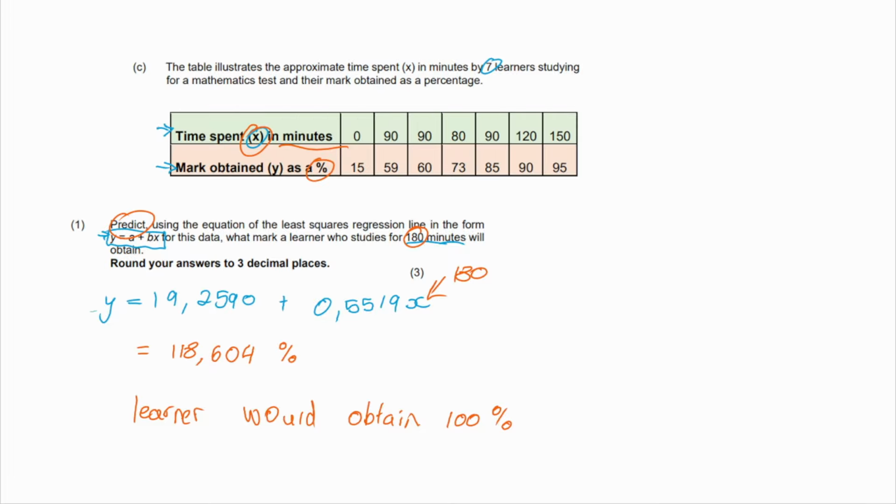So don't worry too much about this answer being different from the memo. The memo gets 603, but the main point is you get a mark here for the 100%. You don't actually get a mark for this. If you just put this final answer, you'll only get 2 out of 3, because you can't achieve more than 100%. It's like if we were dealing with people and you got 5,7, you would have to round to the nearest person.